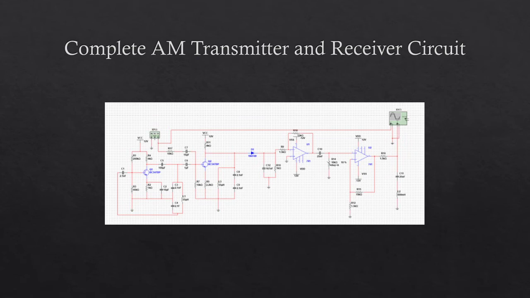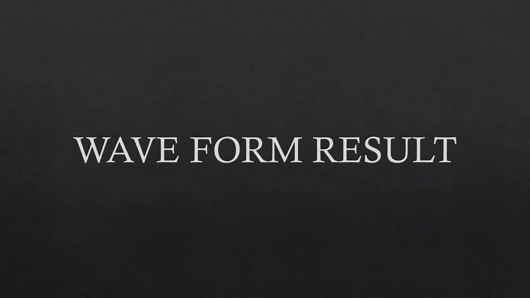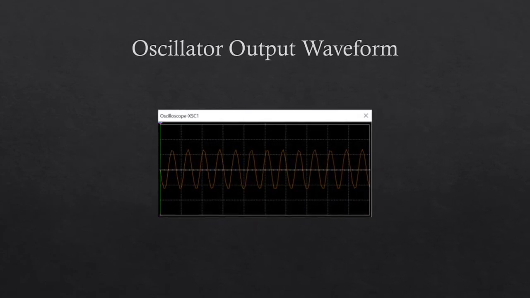So we will now proceed to the last part of our report, which is the simulation part. Or rather, we will now show you the waveform results. For the waveform results, you can see the first one is the output of the oscillator.